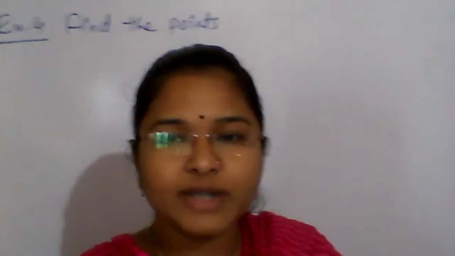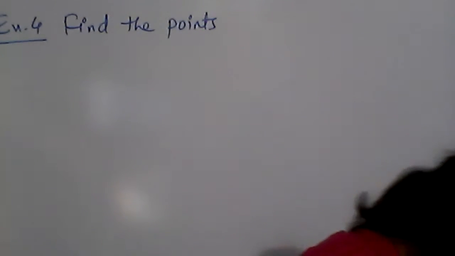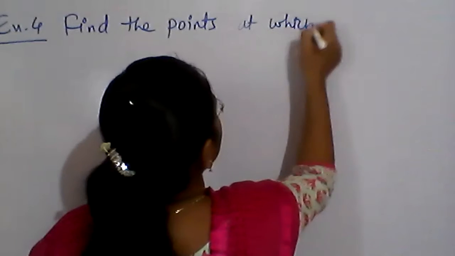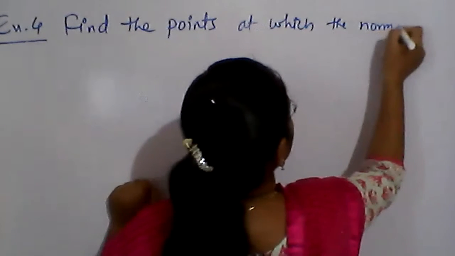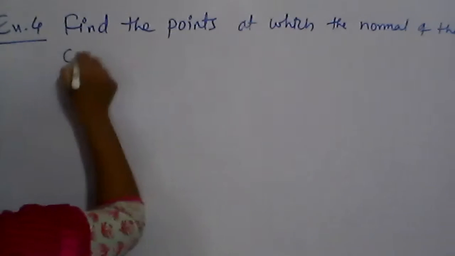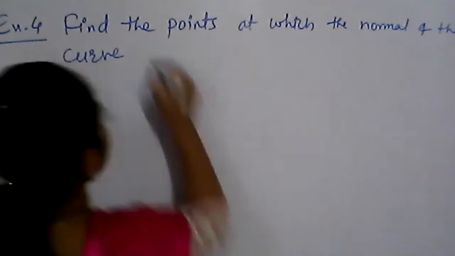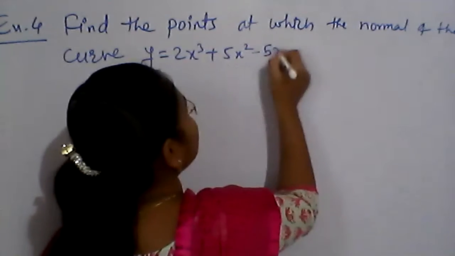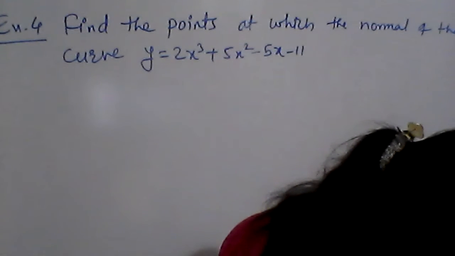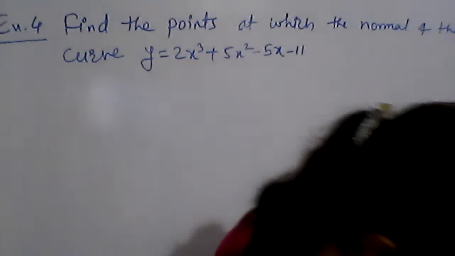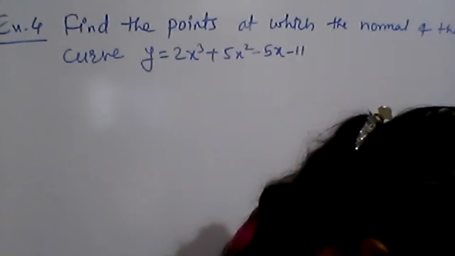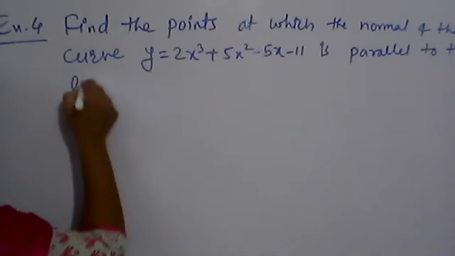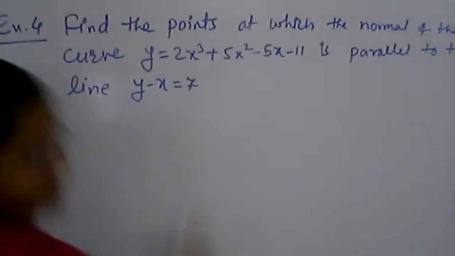So we have to find the points at which the normal of the curve y equals 2x cube plus 5x square minus 5x minus 11 is parallel to the line y minus x equals 7.